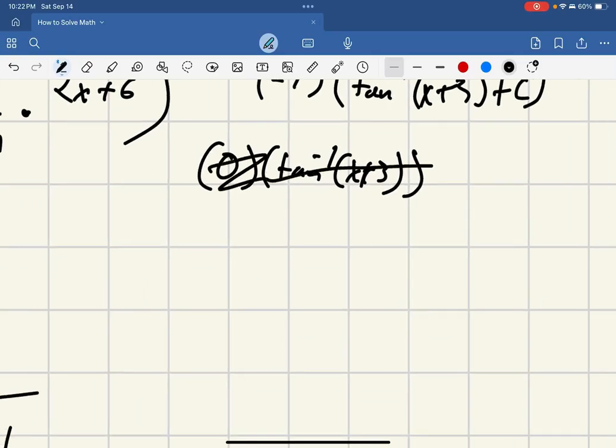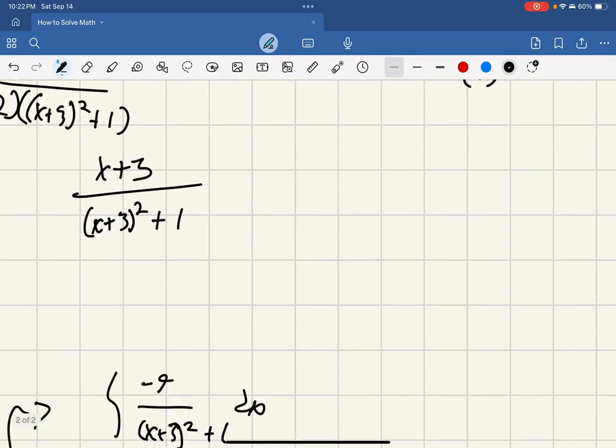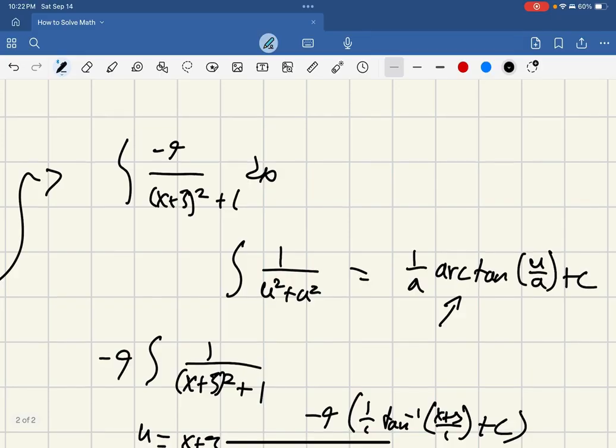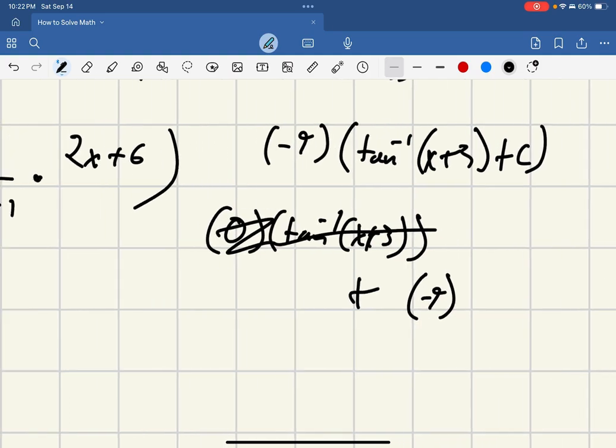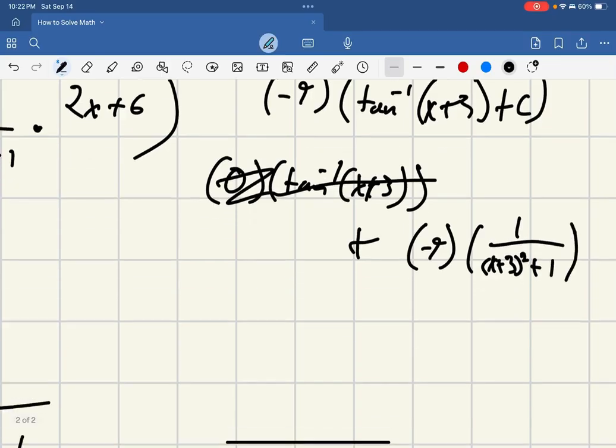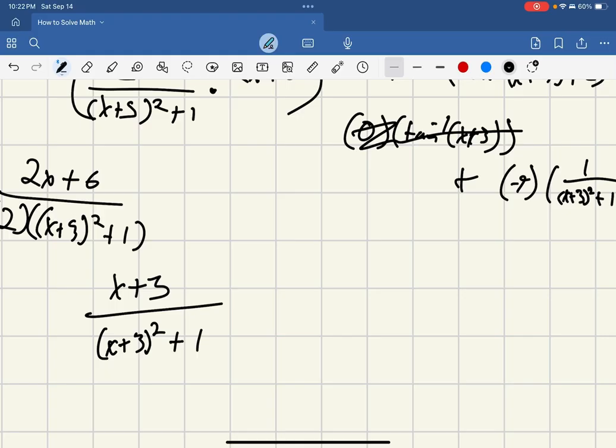So this is 0, and now the product rule is going to be plus negative 9 times what did we say was our formula? 1 over u squared plus a squared. So it's going to be 1 over x plus 3 squared plus 1 squared, which is just 1.